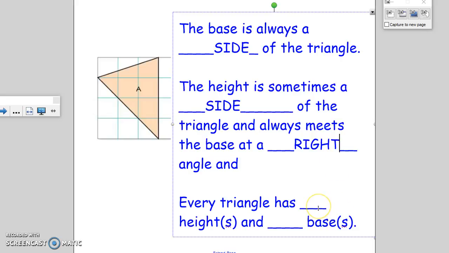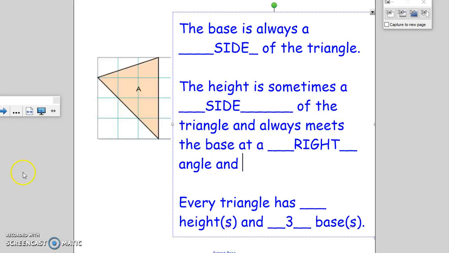Now every triangle has 3 sides. So every triangle has 3 potential bases, right? I could use this side as the base. I could use this side as the base. I could use this side as the base. I just have to make sure the height matches. So what does the height have to do? We're going to fill it in right here.